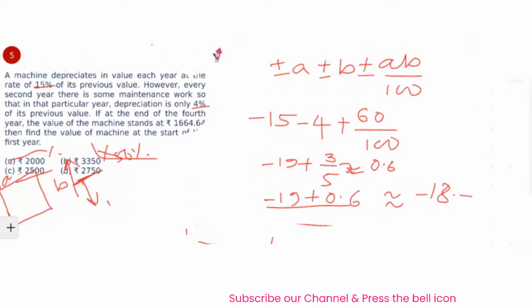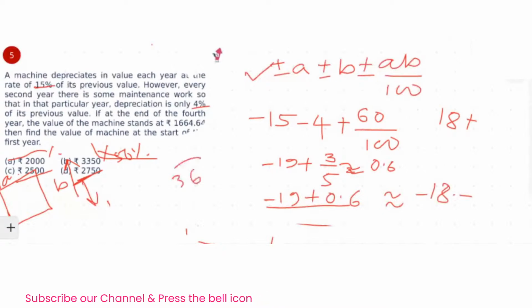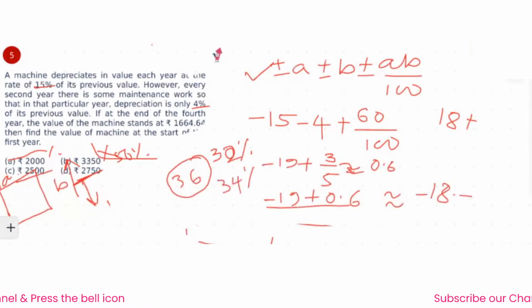If you use the same formula for the third year and the fourth year, approximately 18 plus 18 goes to 36, right? So finally, after the fourth year, your value should be in the range of 32% or 34%.